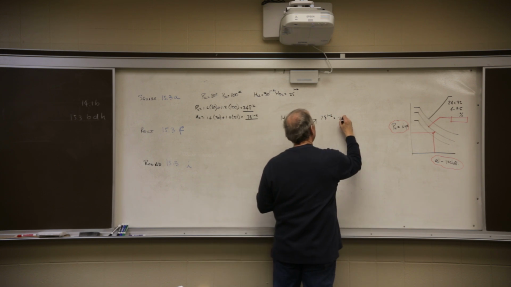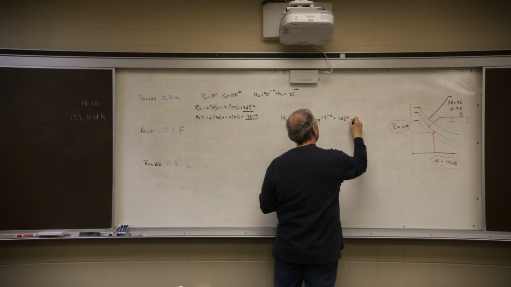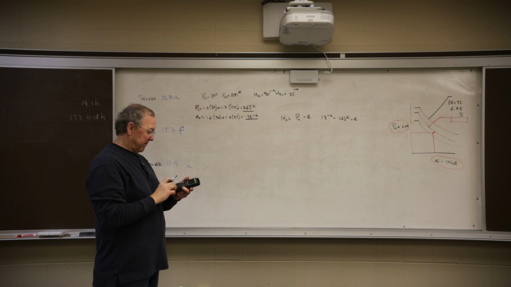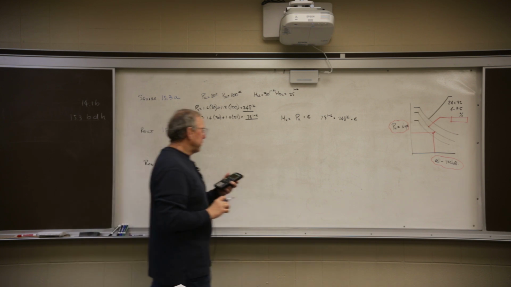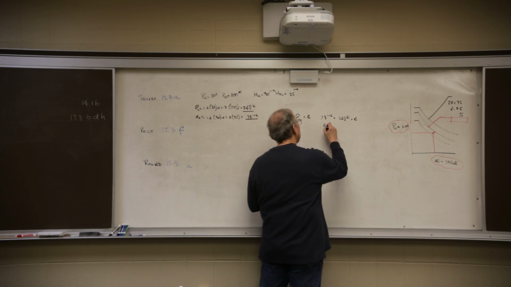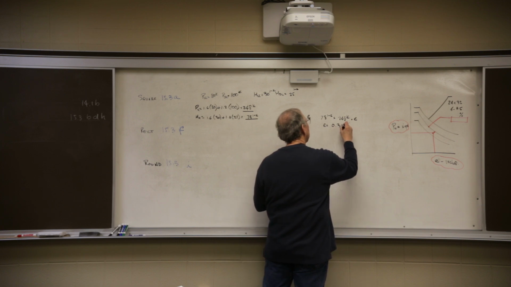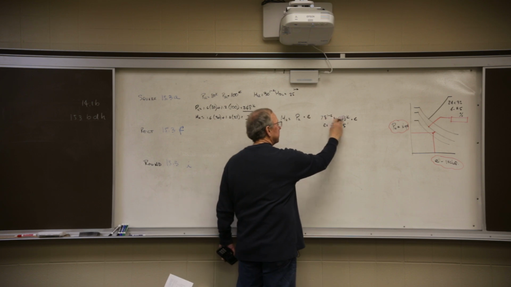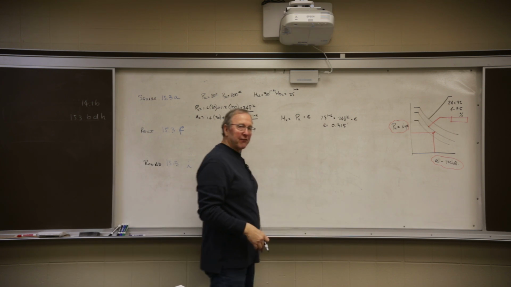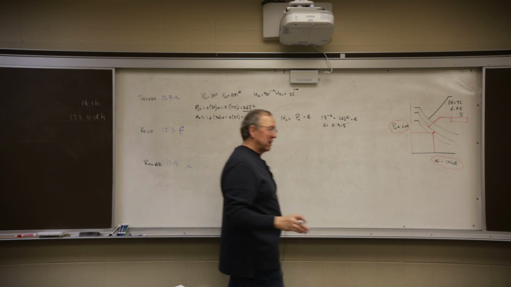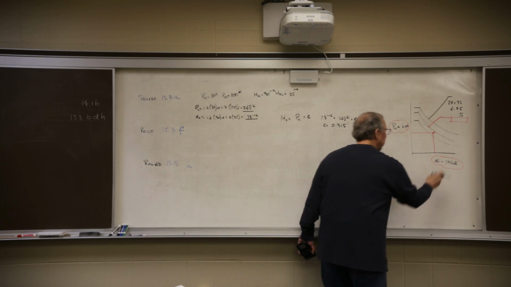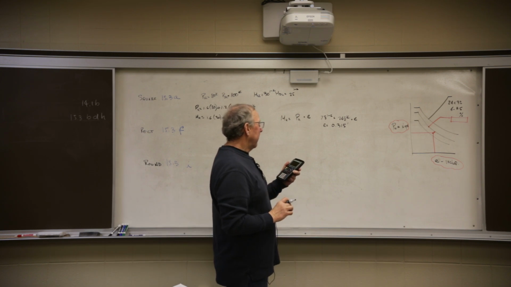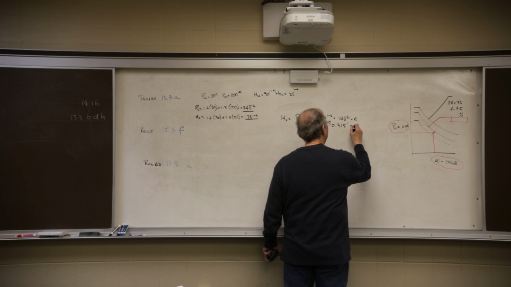PU, 248 kips. If I divide 78 by 248, I get 0.315. Why feet? Foot kips, divide, kips cancel, feet left over. What is my units? Inches. How do I get from feet to inches? I multiply it by 12, and I get about 3 3/4 inches.